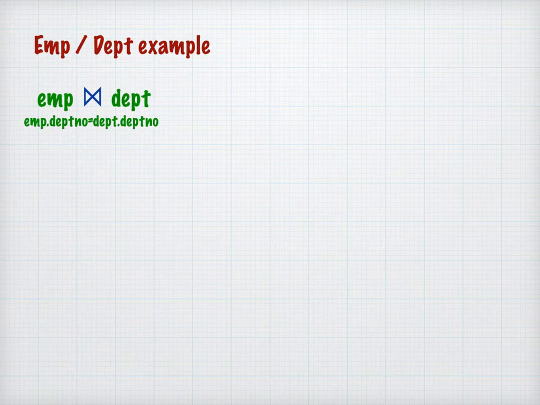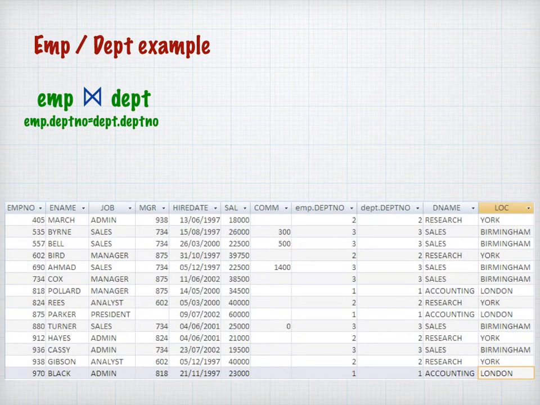We're going to combine the emp relation with the department relation. And what condition are we going to apply? What predicate? We write that underneath in smaller subscript like that: department number equals department number. And that would give us this.